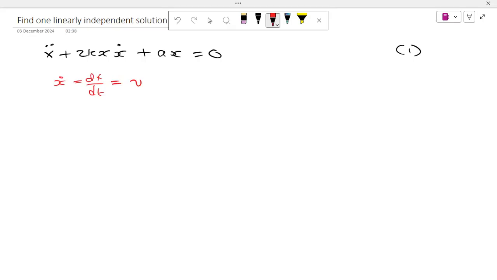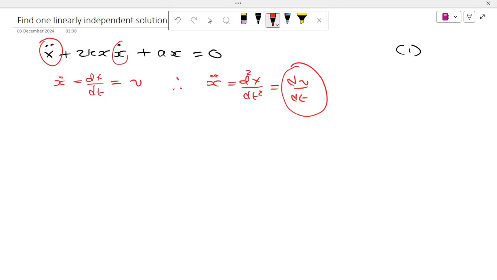So x dot is equal to nu. This means that x double dot, which we know is d squared x by dt squared, is equal to dv by dt.